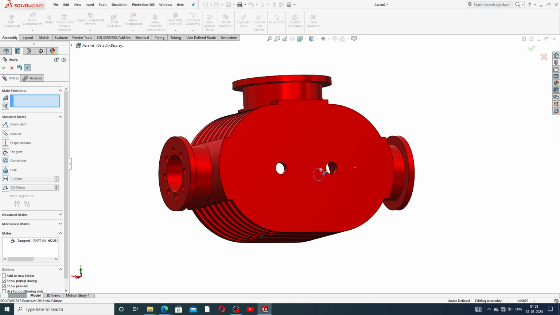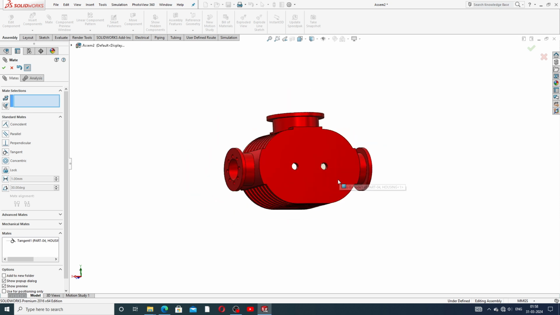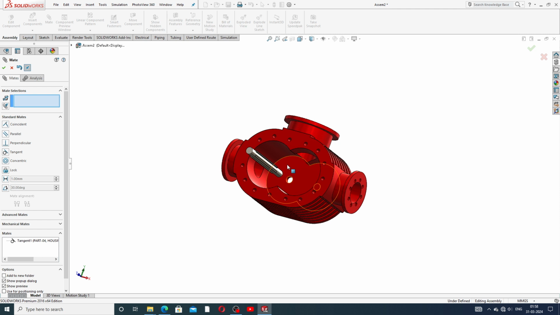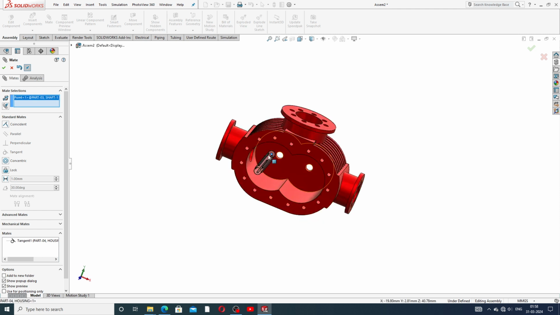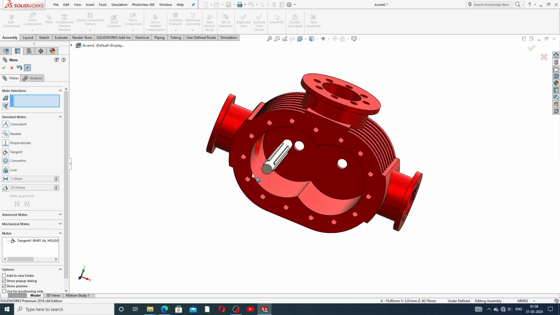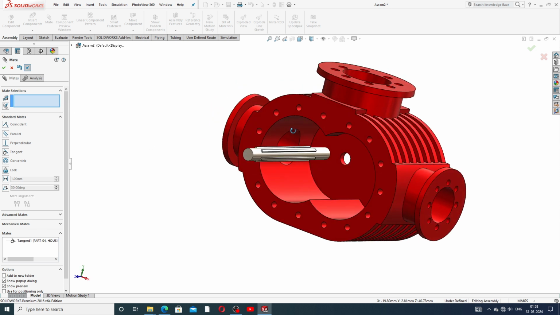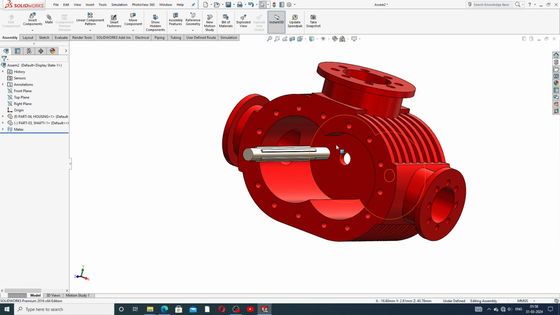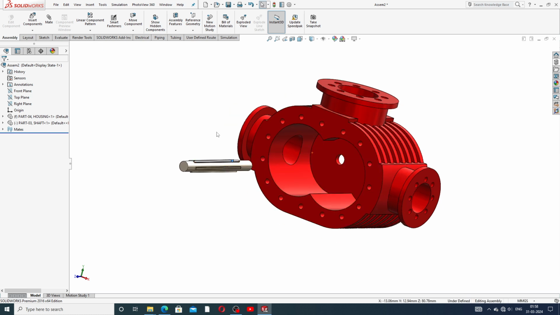Okay, and this is perfect. But for this relation, again select this body and use this.